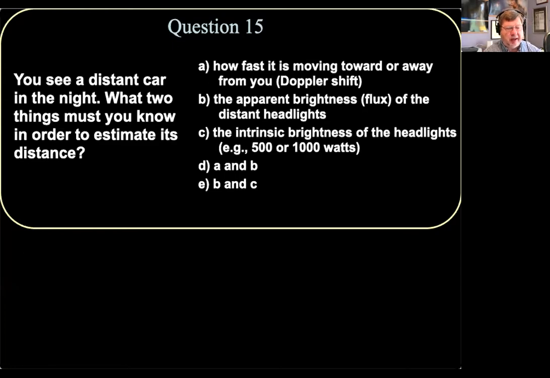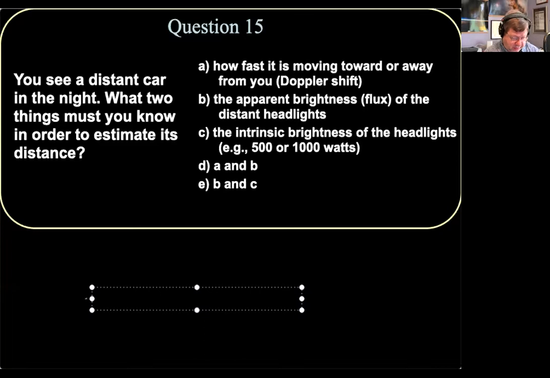Okay, interesting. So most of you chose D, which is A and B, how fast it's moving and the apparent brightness. So let's annotate the text.